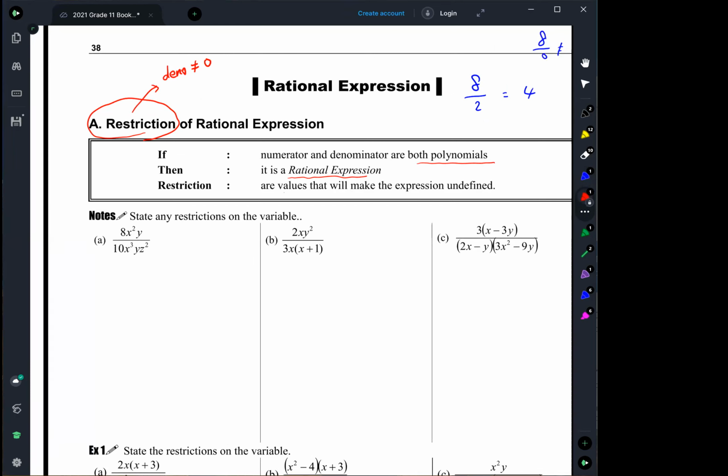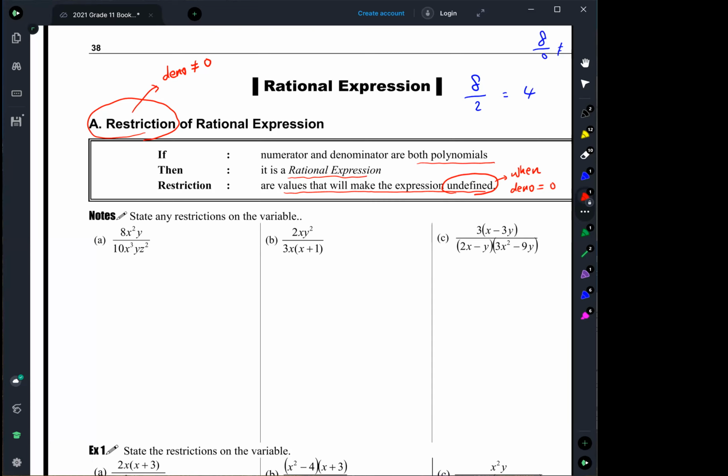Restriction means the values that will make the expression undefined. So in this case, it will be undefined when the denominator equals 0. So we are looking for what kind of number will make the denominator equal to 0.